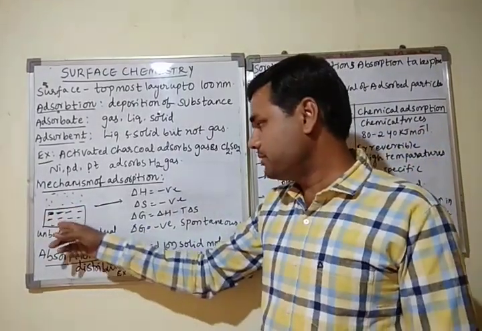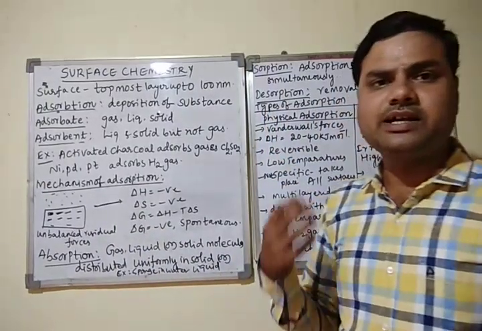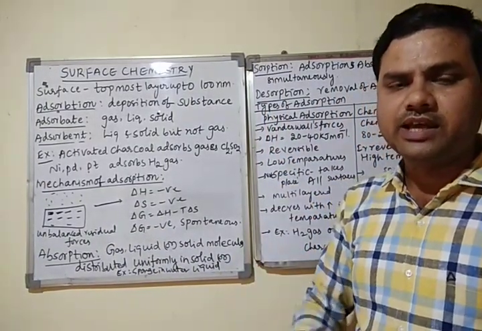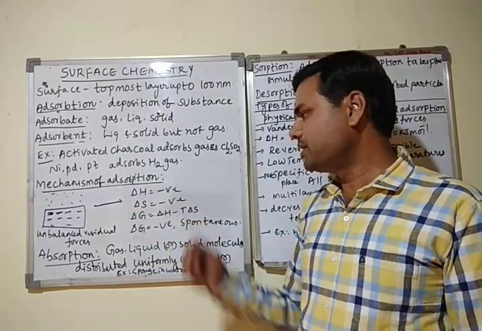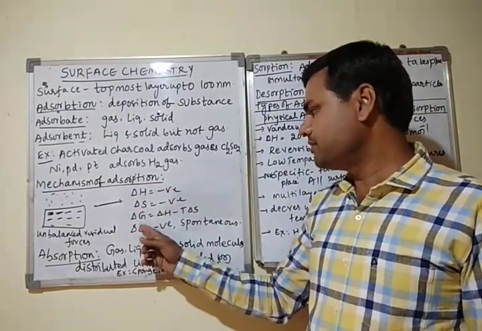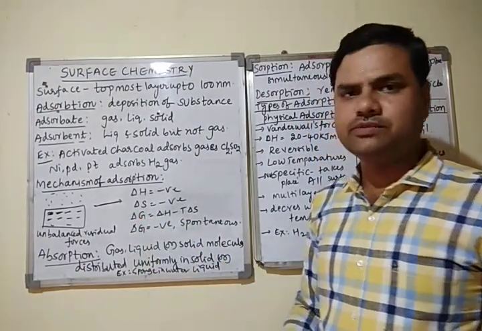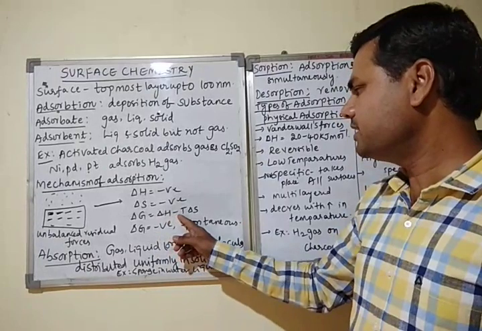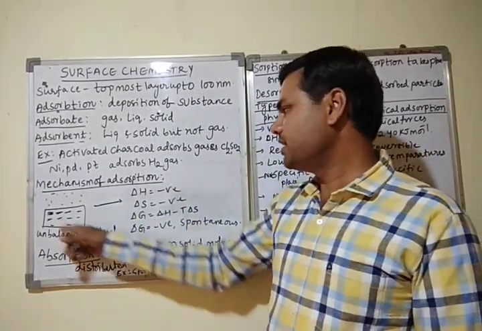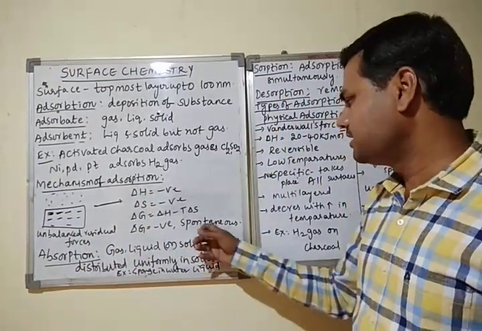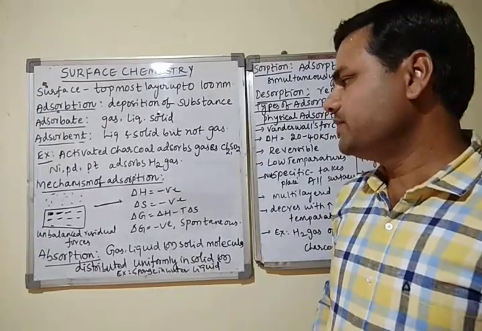When the particles are depositing on this, disorderness will be decreased, so the change in entropy becomes negative. When these two values become negative, delta G also becomes negative, by the formula delta G is equal to delta H minus T delta S. Therefore, the adsorption process is always a spontaneous process. So this is the mechanism of adsorption.